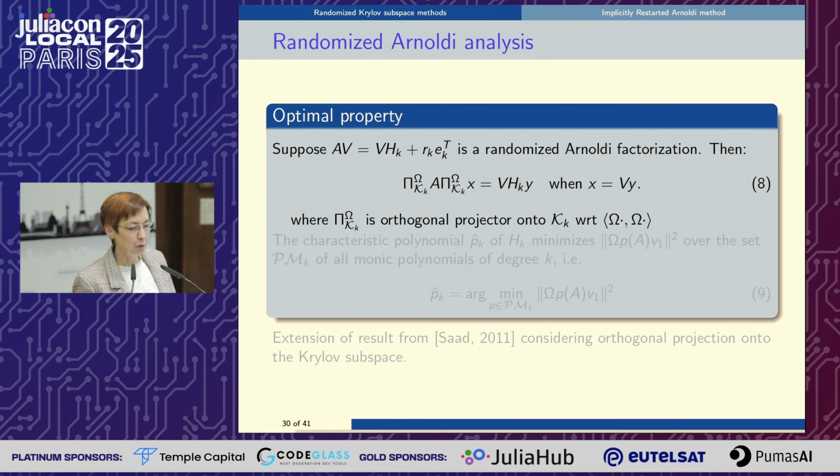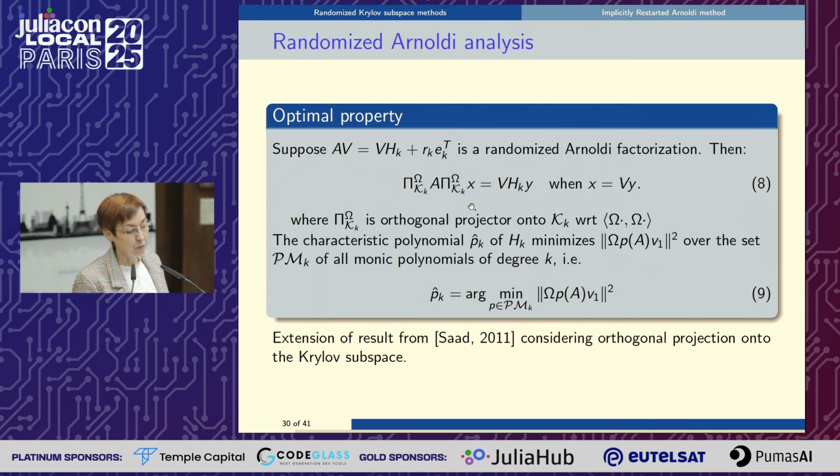And what I wanted to show you is that for these non-symmetric eigenvalue problems, there is a nice optimal property which you can find in a book by Saad from 2011. This property applies as well to the randomized setting. It says that if I have this randomized Arnoldi factorization, then the Ritz pairs are obtained from an oblique projection onto the Krylov subspace, while in the deterministic setting, this was an orthogonal projector.